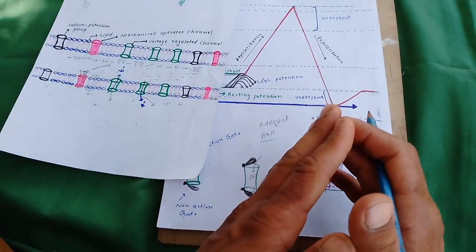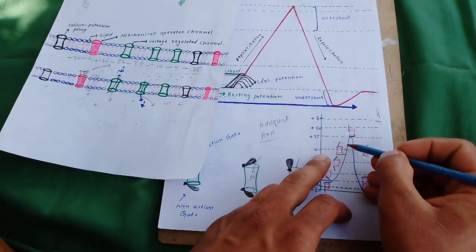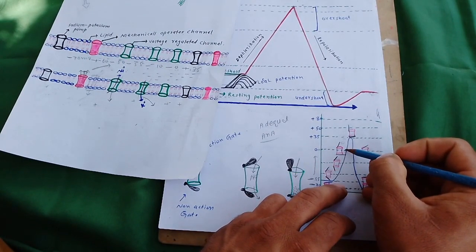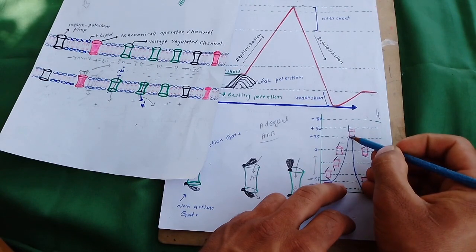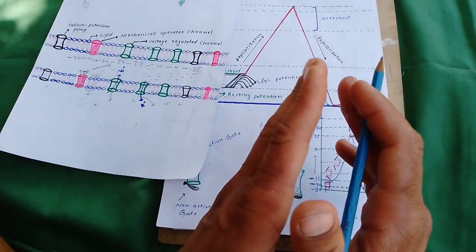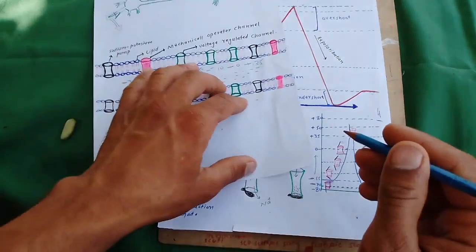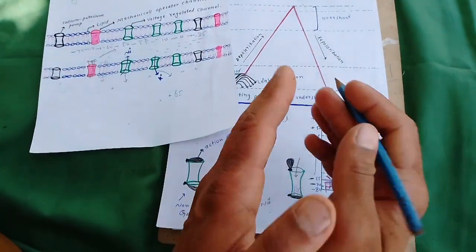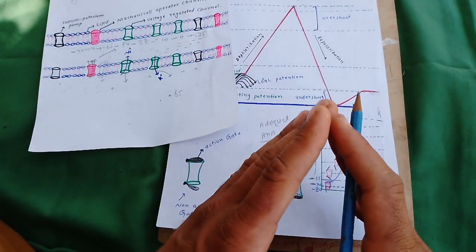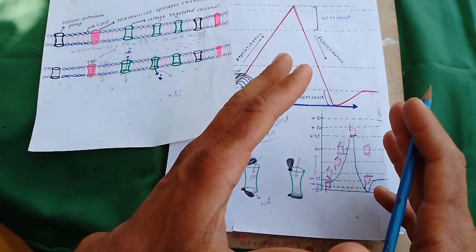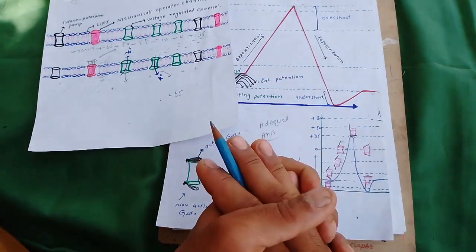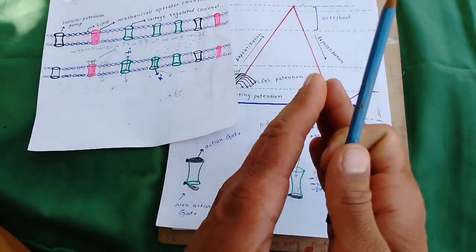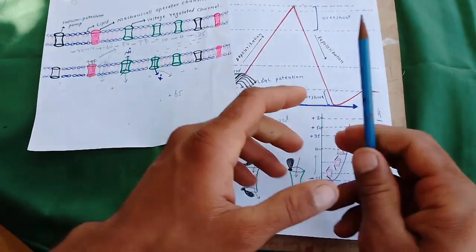Here arises a question: why does the depolarization go from 0 up to 35? Because the equilibrium potential for sodium is plus 65. So what is equilibrium potential? Equilibrium potential is the tendency of an ion, positive or negative, to balance the charge on either side of the membrane.